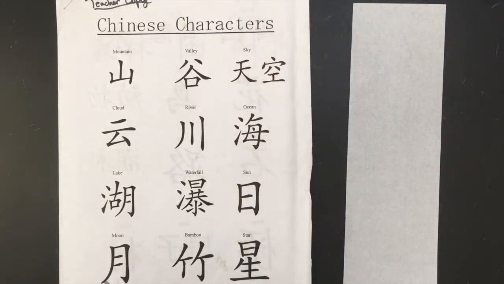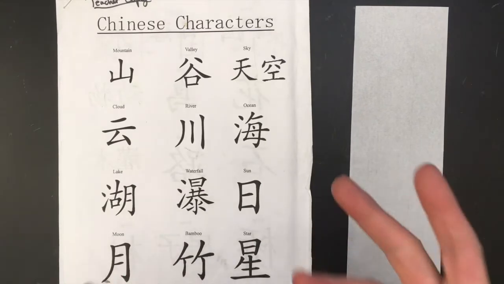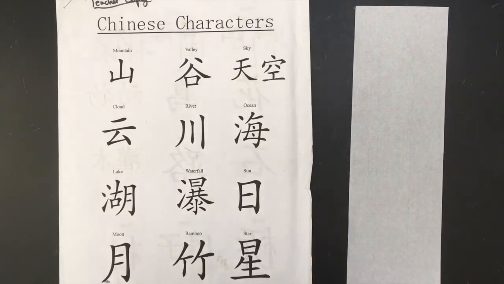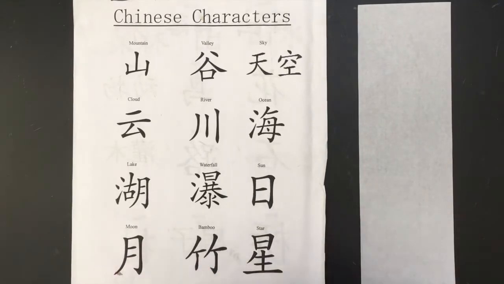It's incredibly beautiful and incredibly complex in how these characters actually form the words of the Chinese language. For mastery, to be able to read a Chinese newspaper, I think it's upwards of 3,000 characters. Don't quote me on that, but it's quite a lot of characters you have to know to work in the Chinese language, either Mandarin or Cantonese.